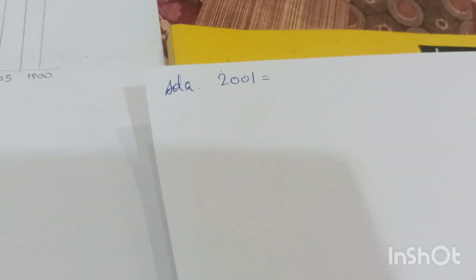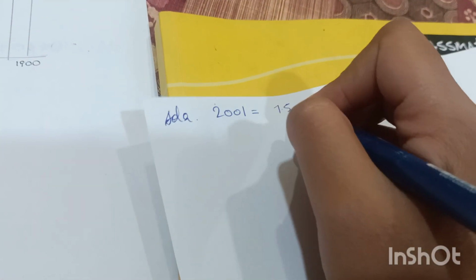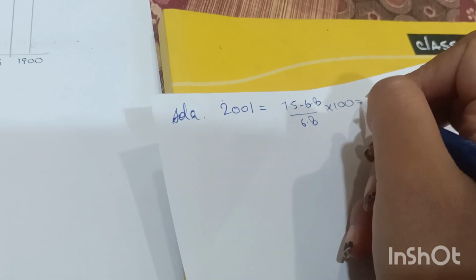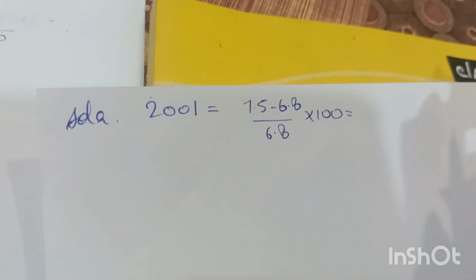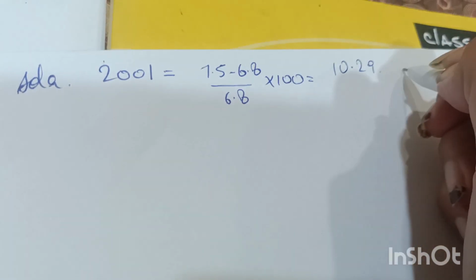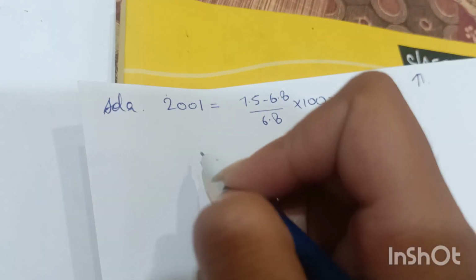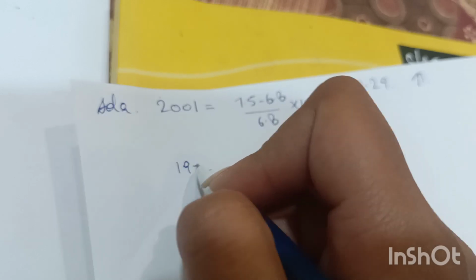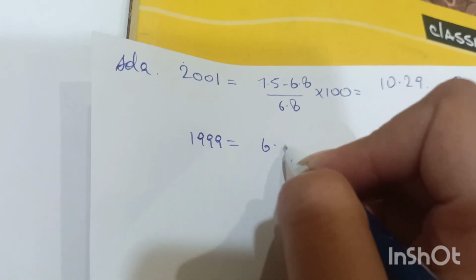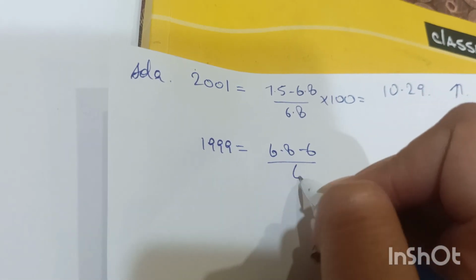Okay, so now let's solve. 7.5 minus 6.8 upon 6.8 into 100. You will get 10.29, and there is an increase. Now for the next, you will find the value of 1999. So you have to do 6.8 minus 6.6 into 100.